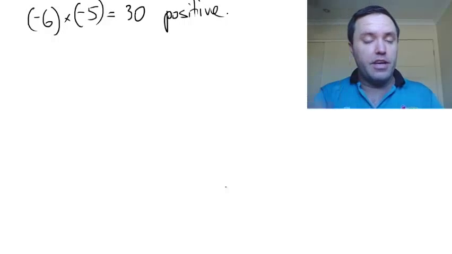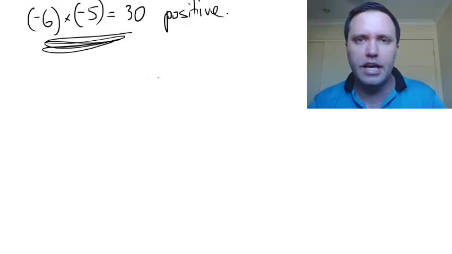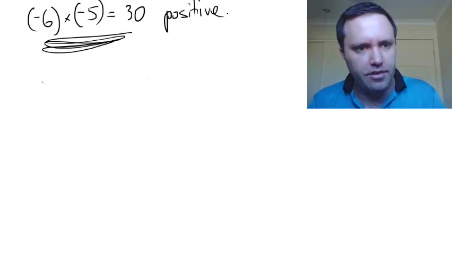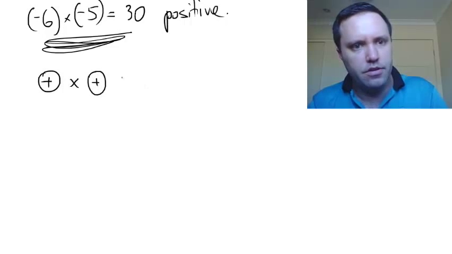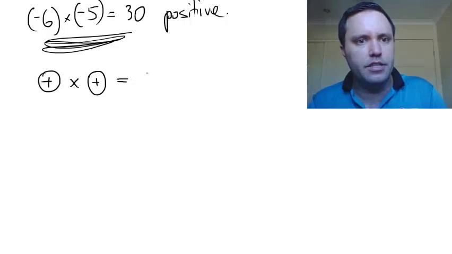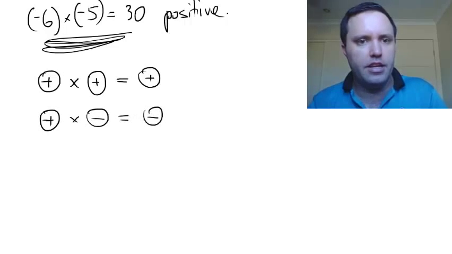It is the same for division. So if I have a positive times a positive, I'm going to have a positive. If I have a positive times a negative, I'm going to get a negative.